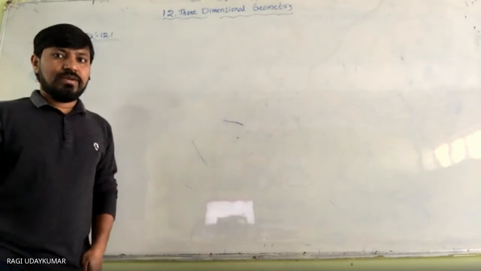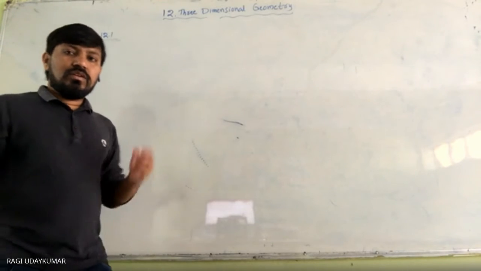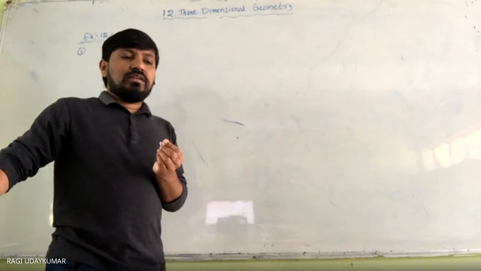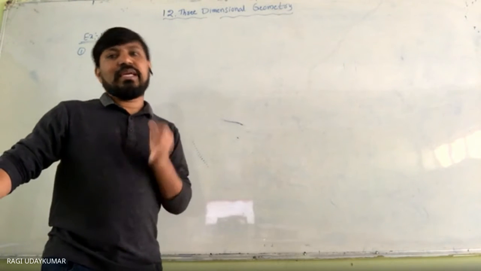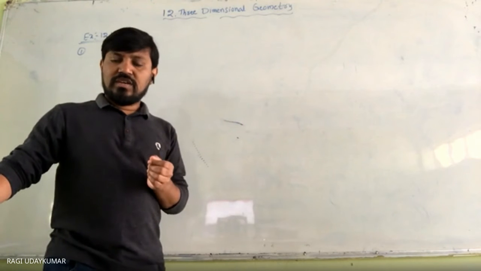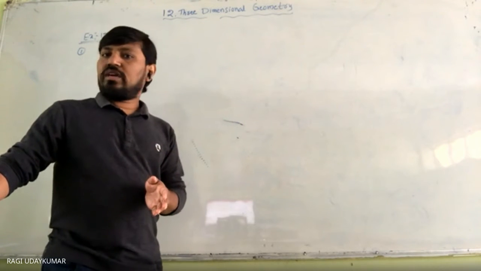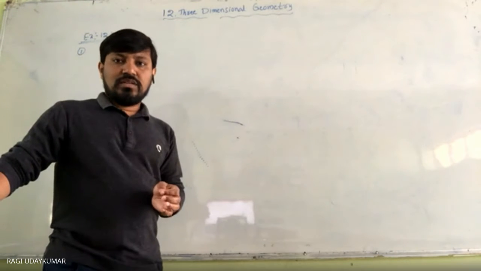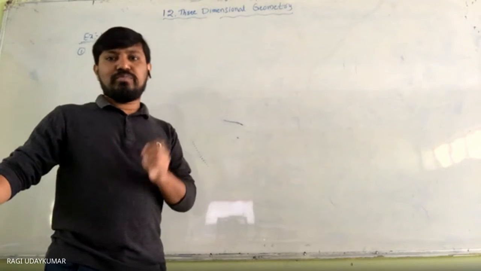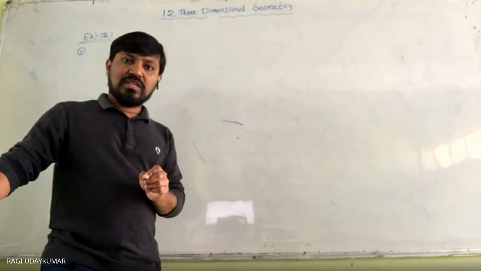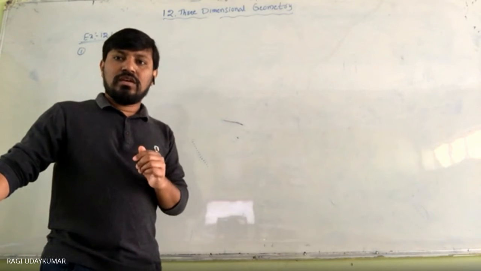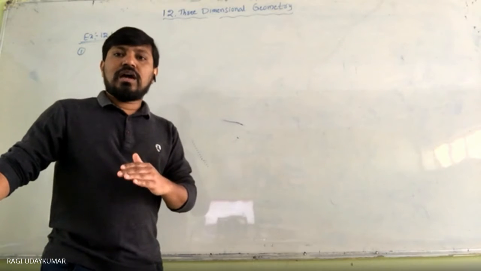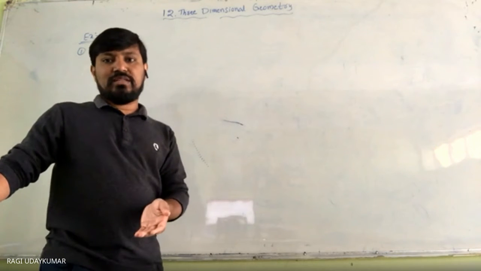The x coordinate is the distance from the yz plane, the y coordinate is the distance from the xz plane, and the z coordinate is the distance from the xy plane. The x-axis is present on the xz plane and the xy plane.